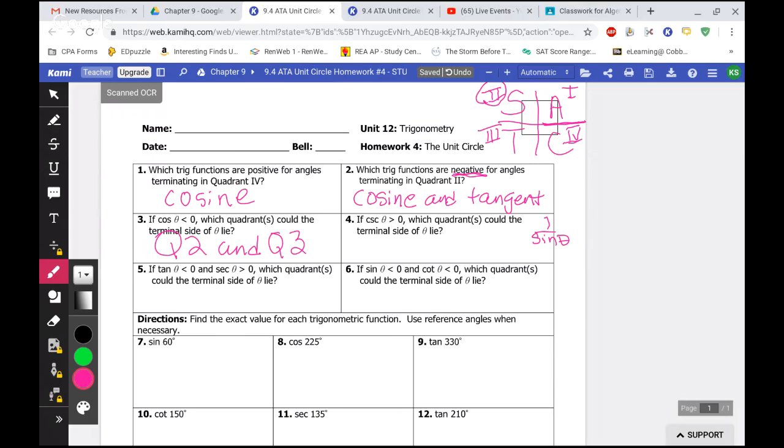The sign is going to stay the same, no pun intended on that one. So I'm looking for wherever sine is positive, or greater than 0. So that would be quadrant 1, because all trig functions are positive in quadrant 1. And it's also positive in quadrant 2.